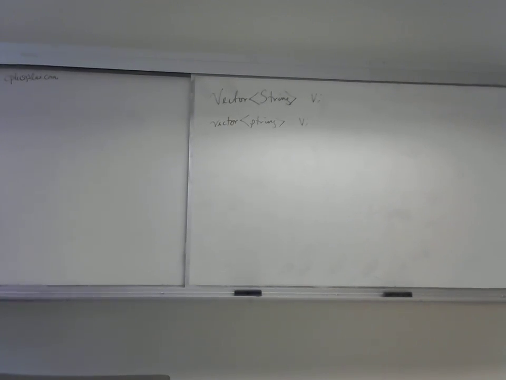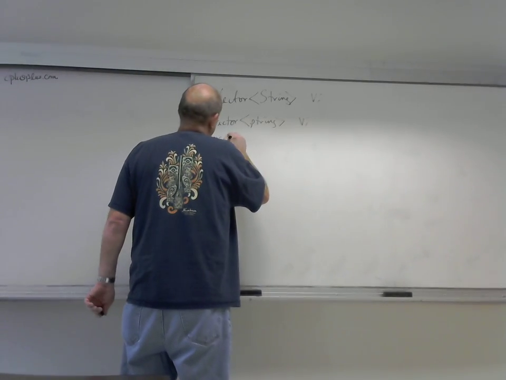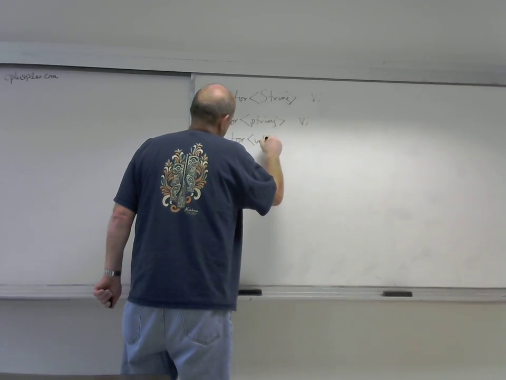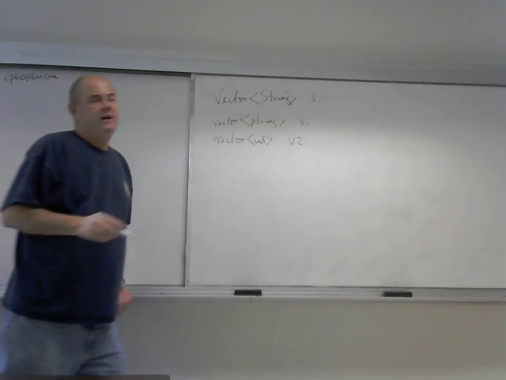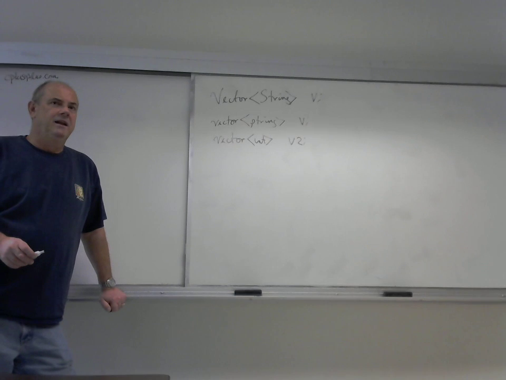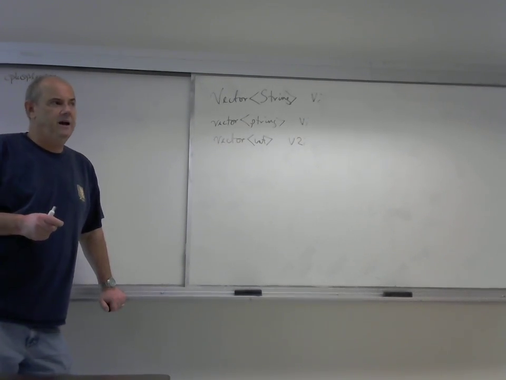But this is completely different because if I do this, well, first of all, I couldn't do that in Java. And in C++, int, not Integer, int. You get two different sets of vector code. The actual type compiled to int at compile time.